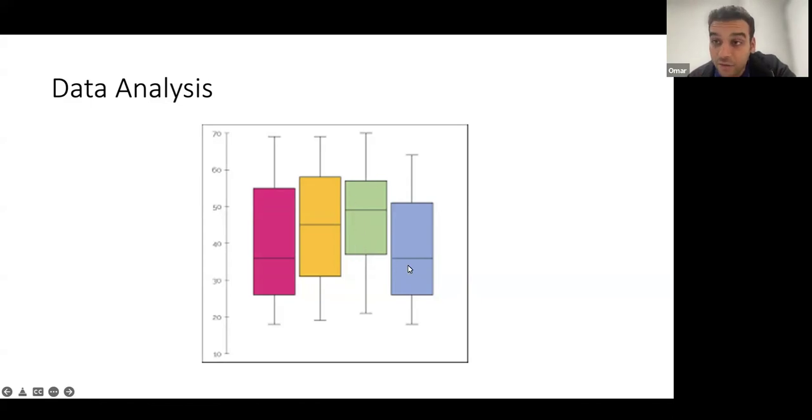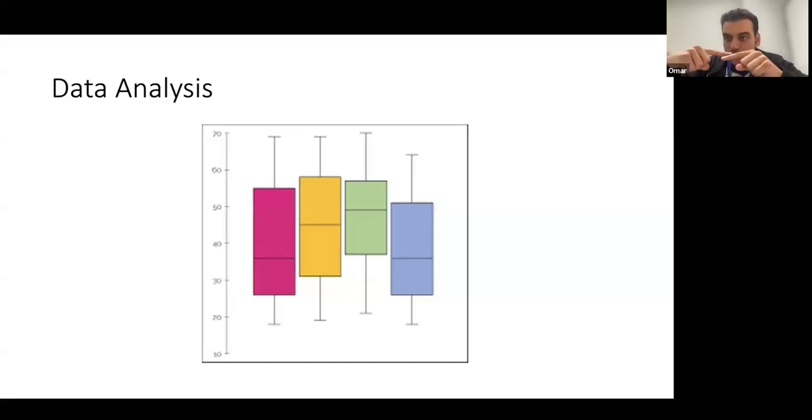Okay. The other interesting thing that you can tell is how we talked about variance earlier and a standard deviation, but interquartile range is such a good metric to interpret data.